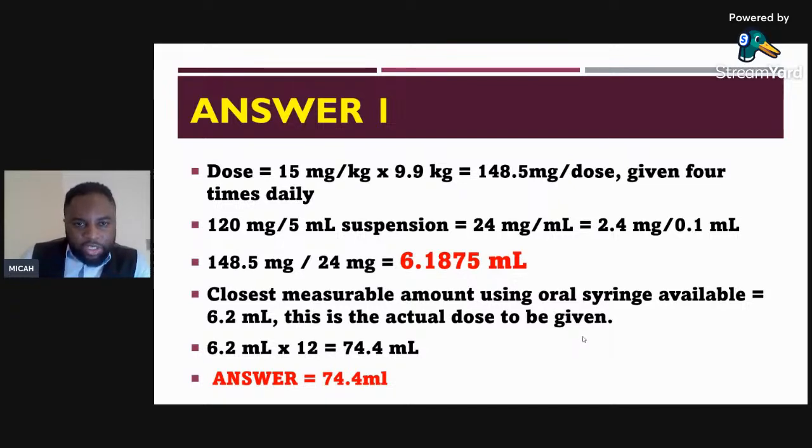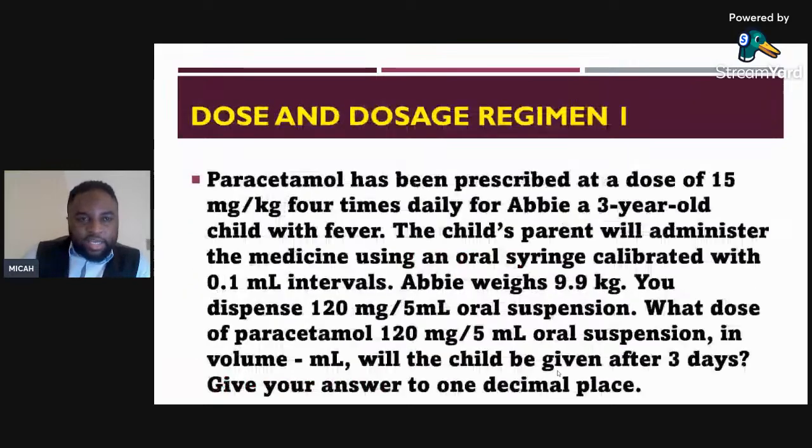Also, with this type of question, sometimes they can try to trick you. It may say give this dose 4 times a day, or sometimes they will say give this dose in 4 equally divided doses. Those are two different things.